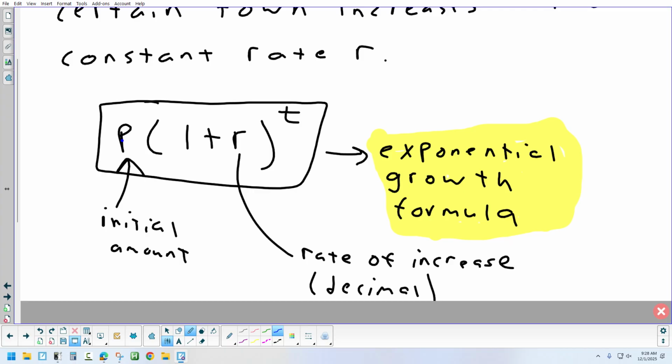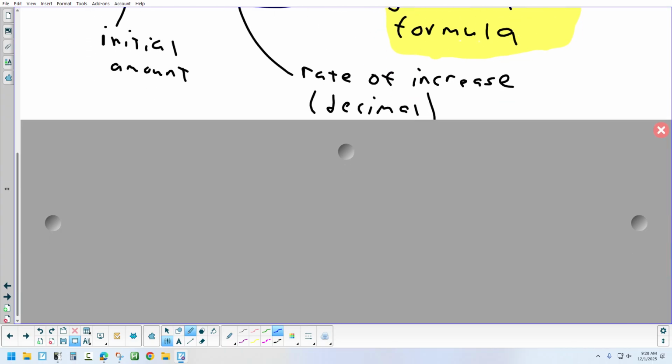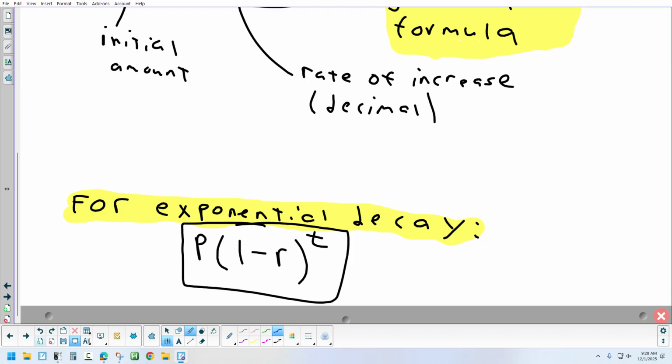We do have to do something to 1 plus r, so we're on the right track. It won't be a fraction though. Anyone have another guess? 1 minus r. Yep, it just turns into 1 minus r. Every other letter stays exactly the same. So you'd use 1 minus r if you had a word problem that said something like the population of a town is decreasing by 12% every year.